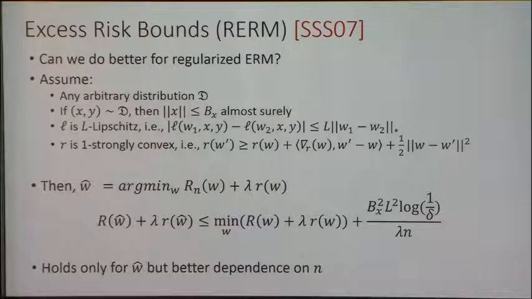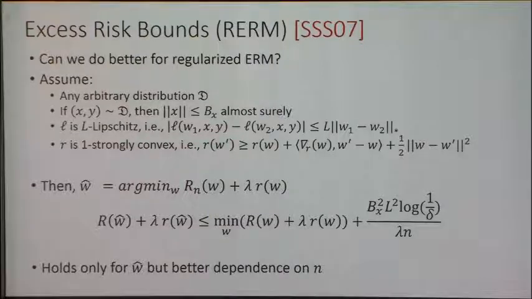But this still seems very weird. I know that even for a fixed W, my Chernoff bound cannot give anything better than 1 by root n. Then how am I getting this extra thing? Well, the answer is that when I'm doing this risk minimization, I also have this extra factor of the regularization parameter.